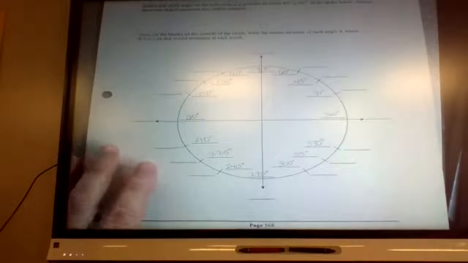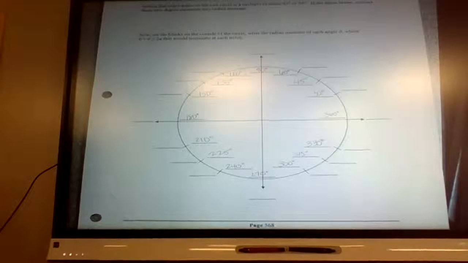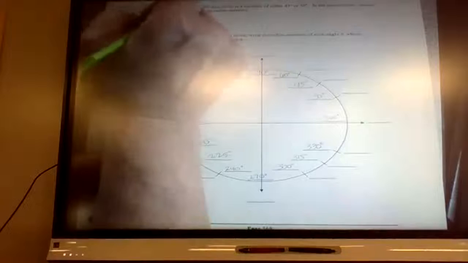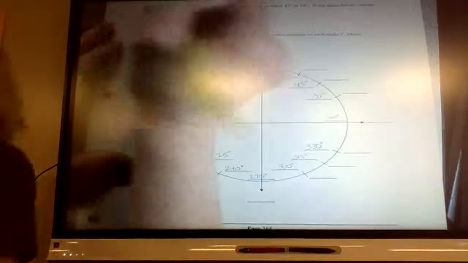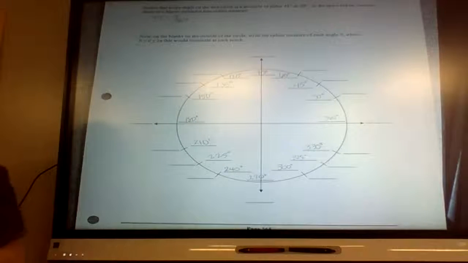Notice that every angle on the unit circle is a multiple of either 45 degrees or 30 degrees. In the space below, convert these 2 degree measures into radian measures. So 45 degrees into radians would be how many? Pi over 4.